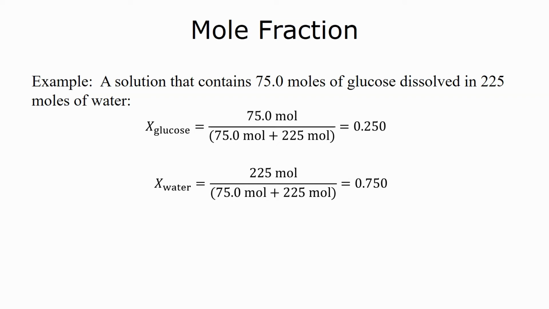Or if you look at that number, you notice that we could just take 1, which is the total fraction of everything, and subtract the mole fraction of glucose that we calculated earlier from 1, and that'll give us the same answer. So there are two ways to calculate the answer of the other component in the solution.